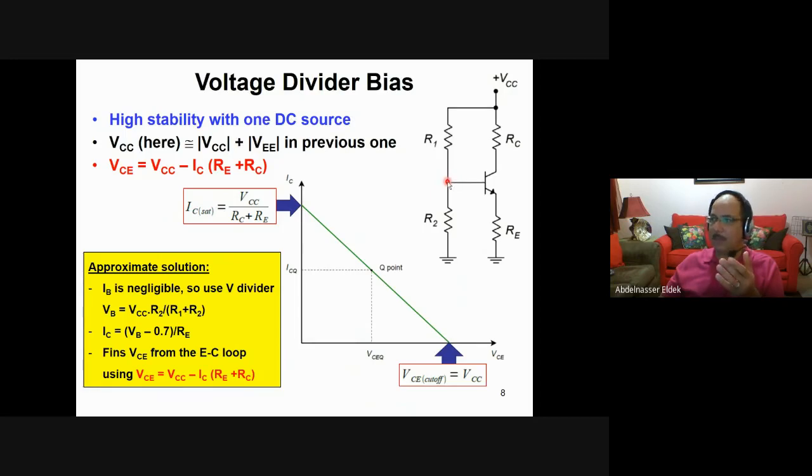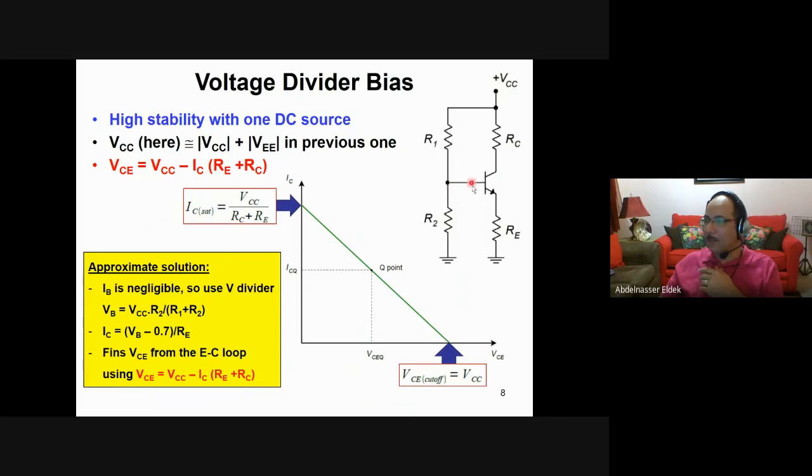VB equals VCC, the total voltage, multiplied by R2 over R1 plus R2. So this is the voltage VB.